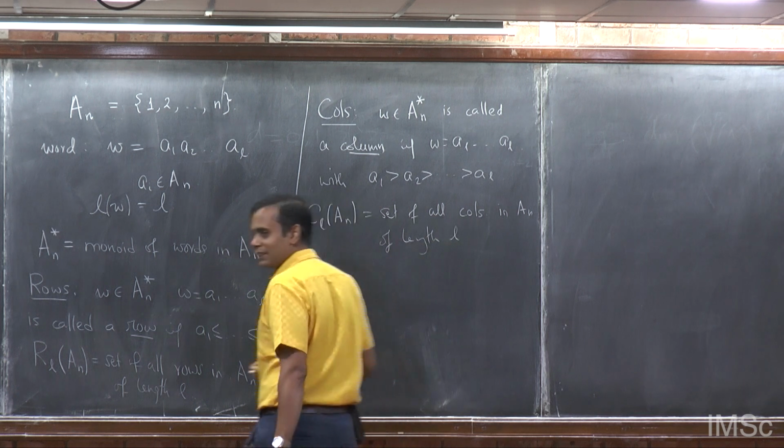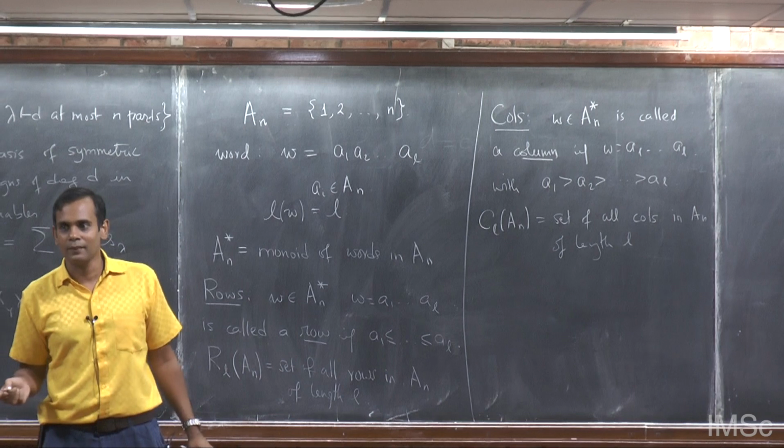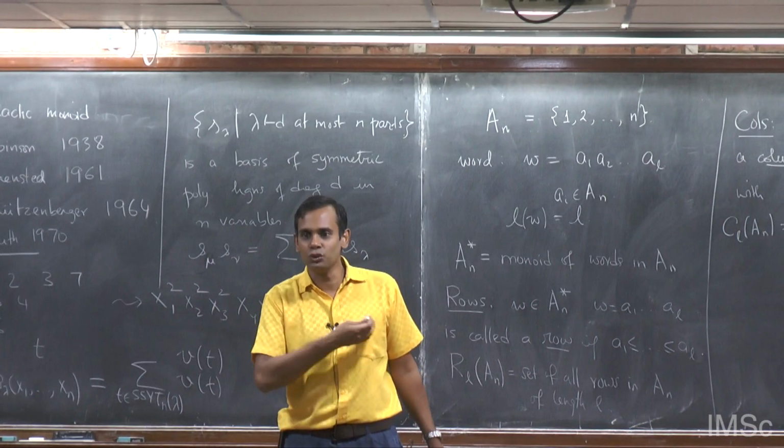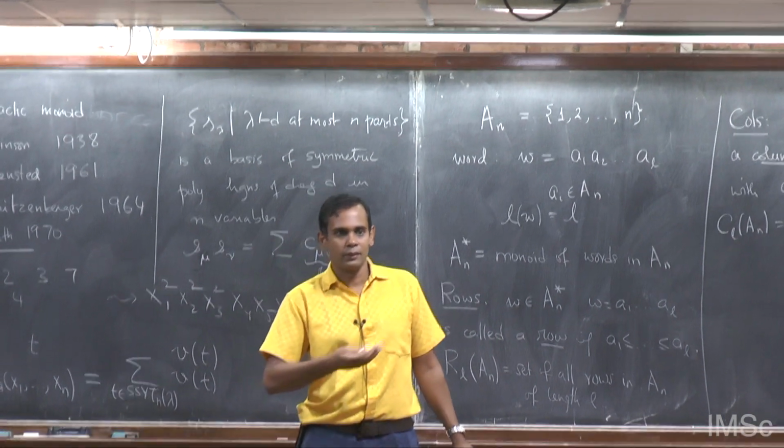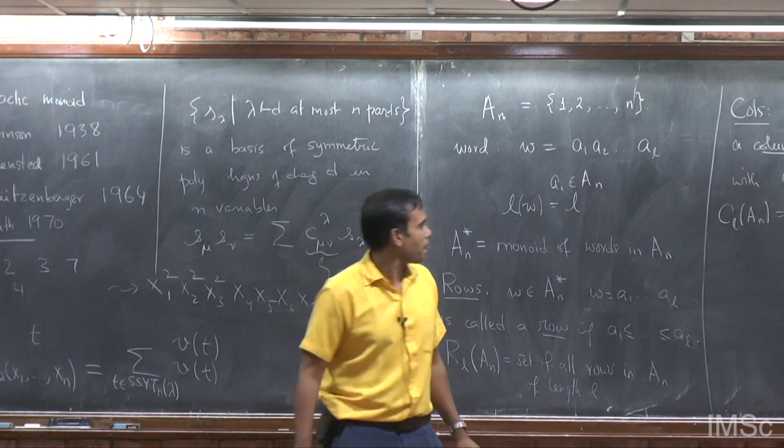How many of these are there? Just n choose l, because you just choose which letters will appear in your column and they have to be in that order.